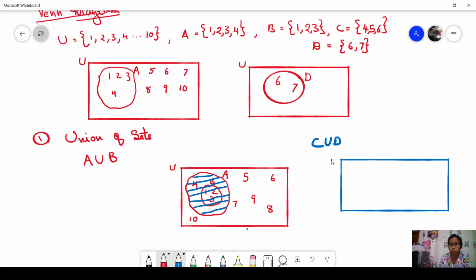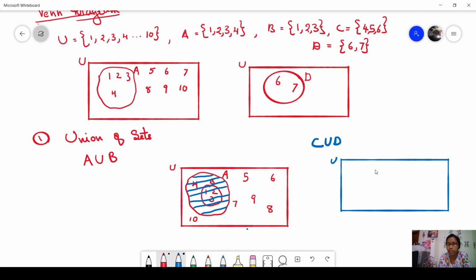So this is U, and we need C union D. Now it is clearly seen that C is not a proper subset of D, or D is not a proper subset of C.